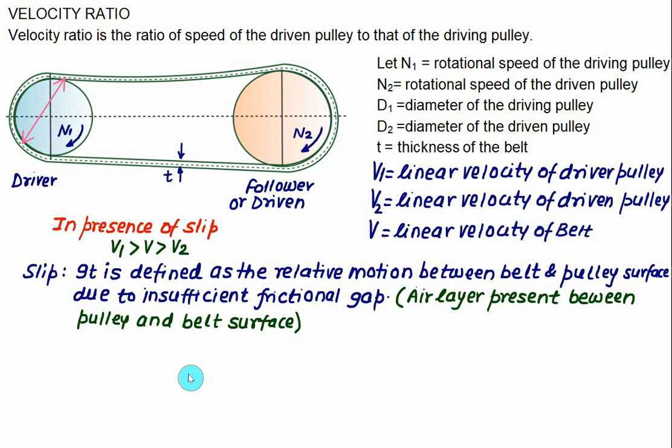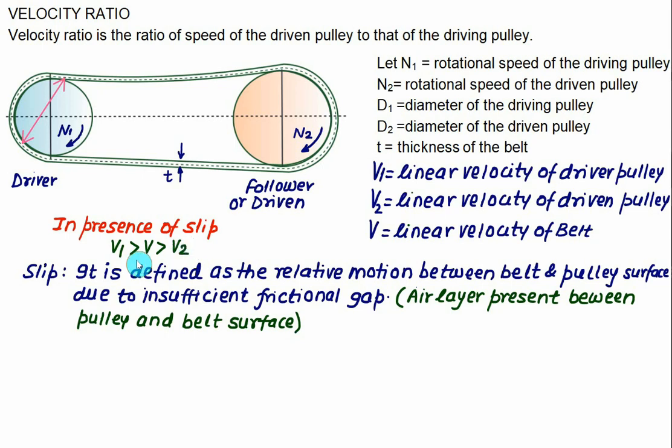So here we observe that the linear velocity of the belt is less than the linear velocity of a driver, but more than the linear velocity of a driven pulley. Hence, in presence of slip, the belt moves somewhat slower than the driver pulley but somewhat faster than the driven pulley.